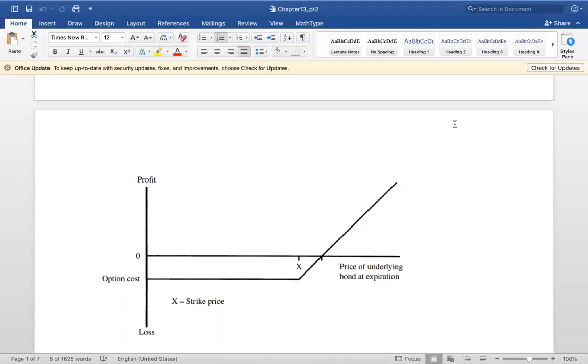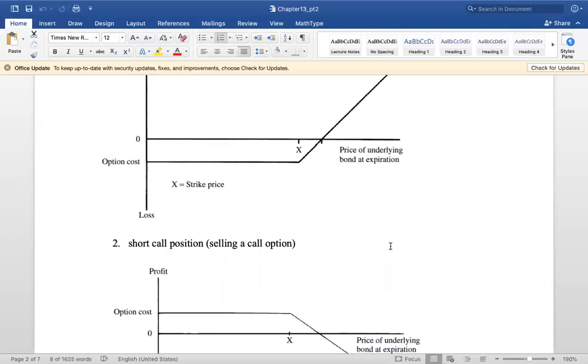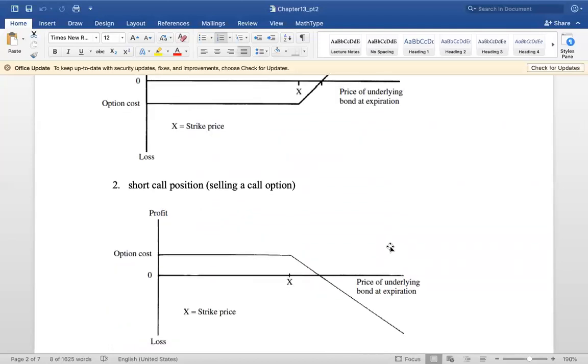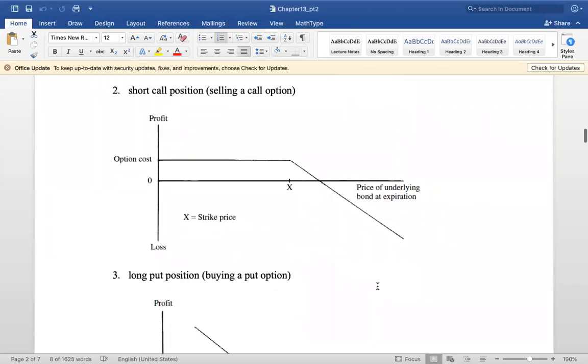Beyond that, for a fixed price, you can buy the underlying whatever its price is. And the reverse holds for the call option seller. His gain is limited to that option cost until the strike price, but it can go down as much as the price of that particular security increases.